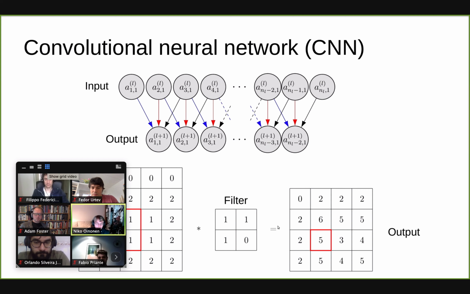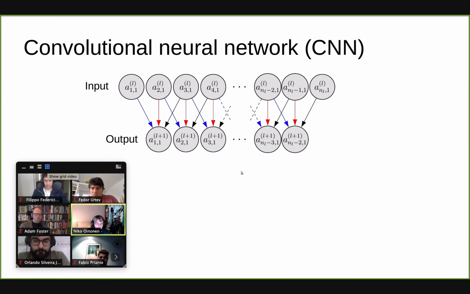And typically you would have multiple different filters in each layer of this kind of network that would pick out different features in the data that you have in that layer.